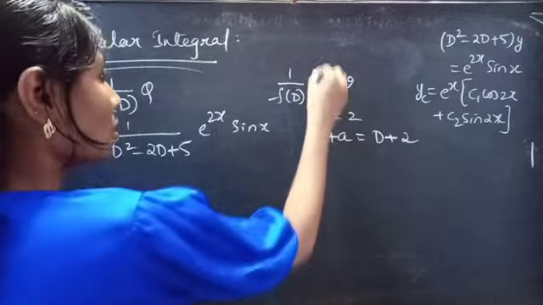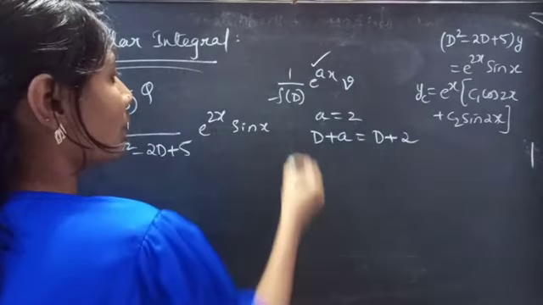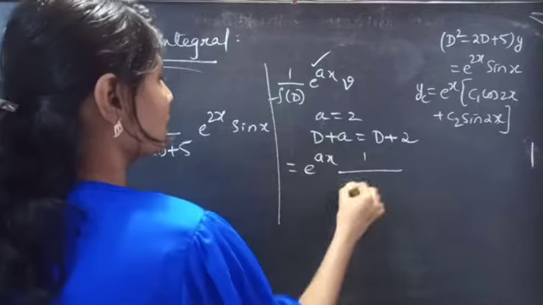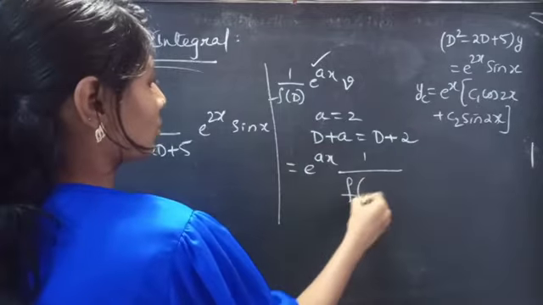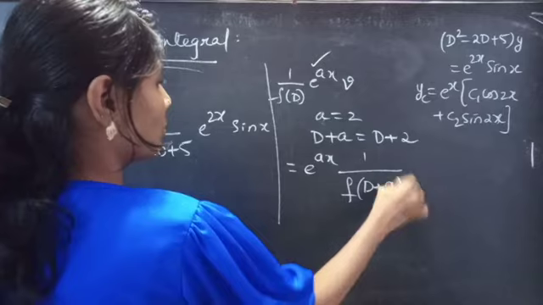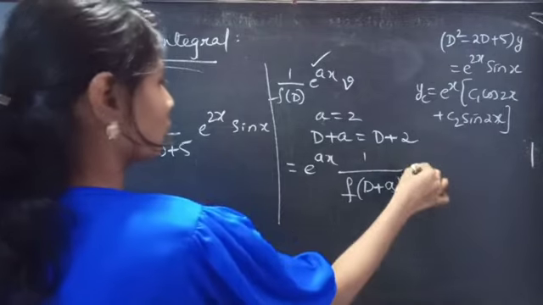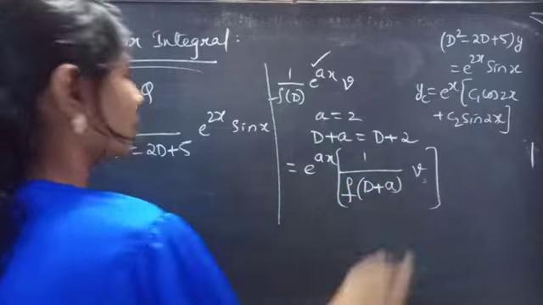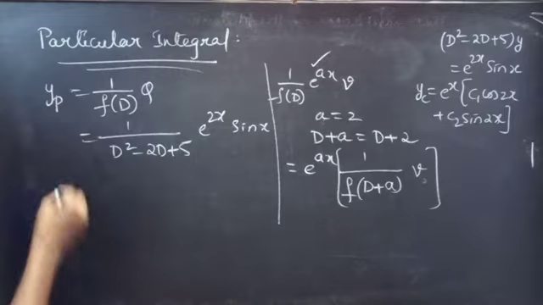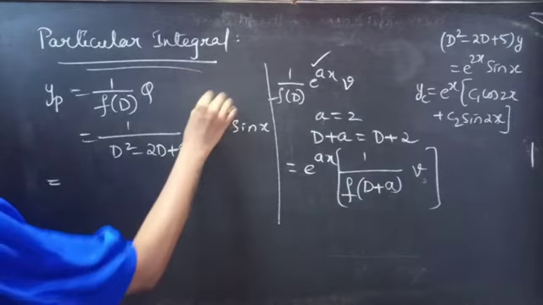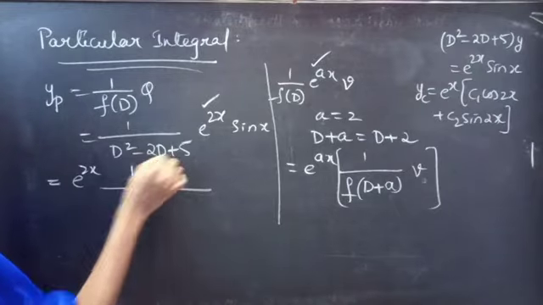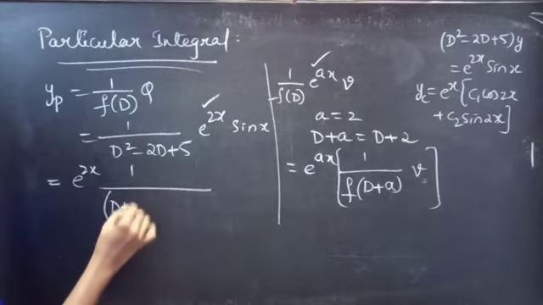D plus a for a equals 2 will be d plus 2. Now, we have to shift e power ax towards the left by replacing d by d plus a, and later we'll operate on v with 1 by f of d plus a, right? That is, shift e power 2x by replacing d with d plus 2.